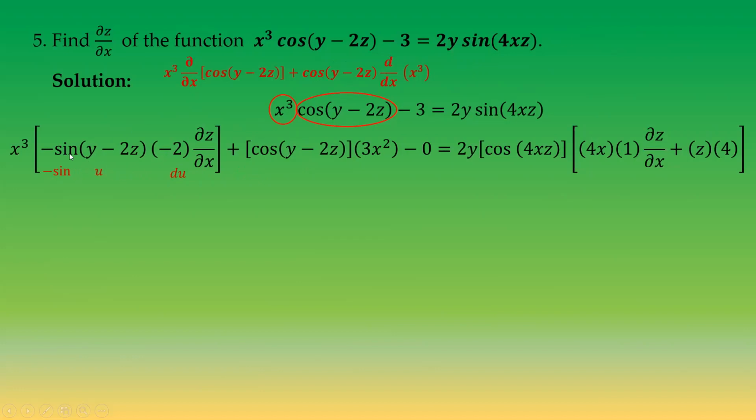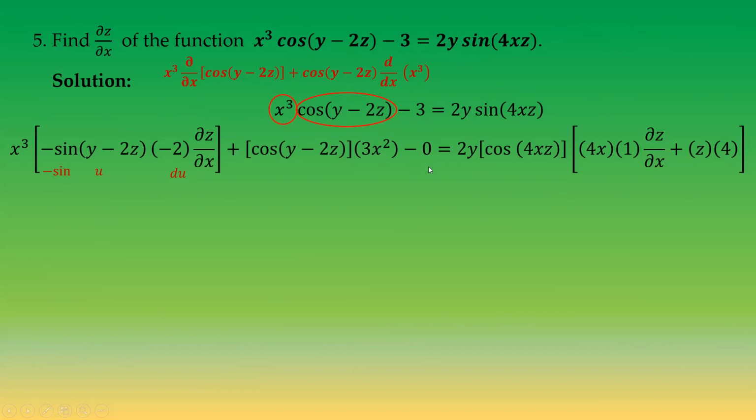Kaya negative sine of y minus 2z. Ang derivative nitong pinakayo natin ay 0 para sa y minus 2. Kaya negative 2 lang yon dz over dx. Plus, dumano tayo sa cosine y minus 2z. Ang derivative ng x cube ay 3x squared.